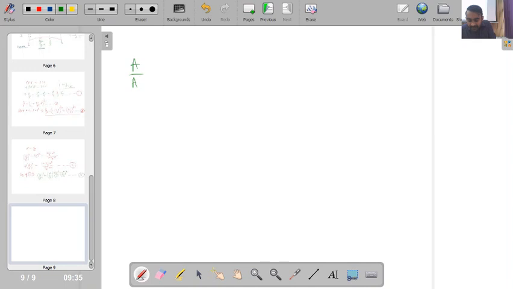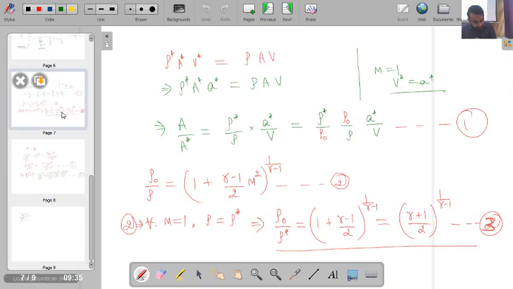I will be getting A by A star square equal to, please tell me what is the first term? First term is rho star by rho naught. So rho star by rho naught over here will be becoming 2 by gamma plus 1, because rho naught by rho star is gamma plus 1 by 2. So okay, let me write it like this only.